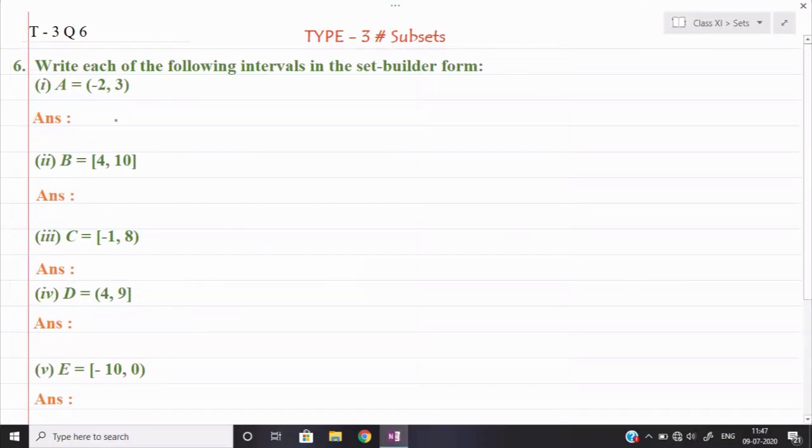First of all, we write the name of our set, that is A. So A equals curly bracket open x such that x belongs to real numbers. Here remember, all the elements will belong to the set of real numbers because they are given in the form of an interval, and normally an interval contains an infinite number of values. That's why we use the interval.